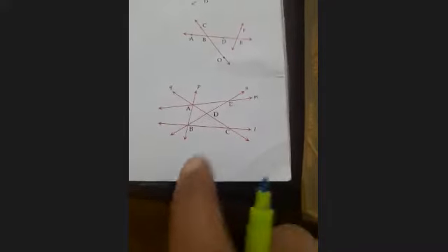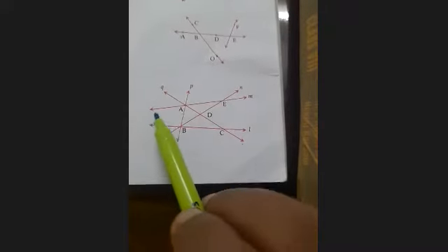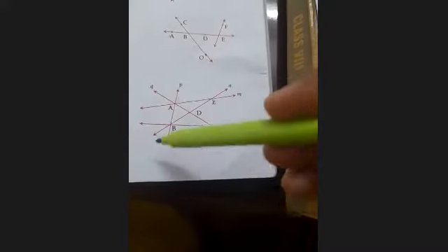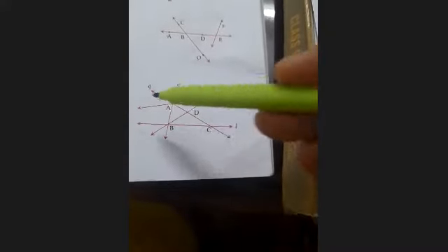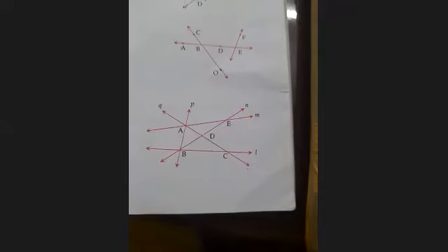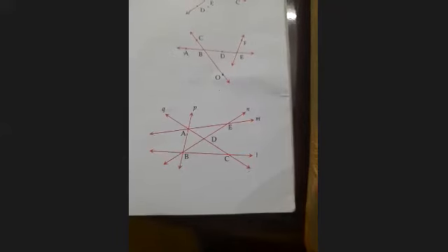In this figure, this is line L, and this line is line M. This line is line P. This is N, and this is Q. In this figure, students, we have 5 lines.